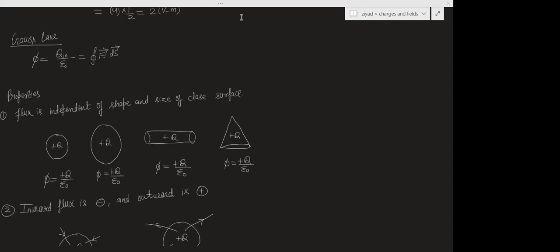Flux is something, if you are just imagining the flux in your mind, what you should imagine? You should imagine flux is nothing but the electric field lines entering or electric field lines leaving. Simple.